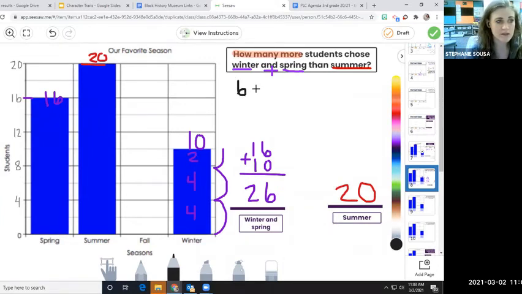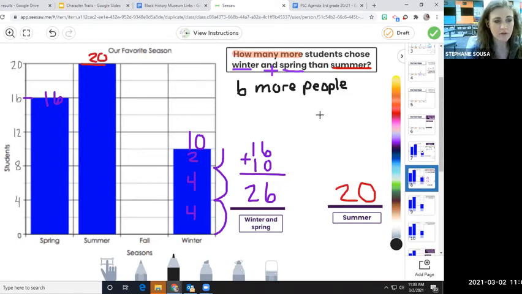So 6 more people. I gave y'all a little bit of grace on the last 2 assignments without your labels. Okay? It is now time for you to make sure you have your labels.